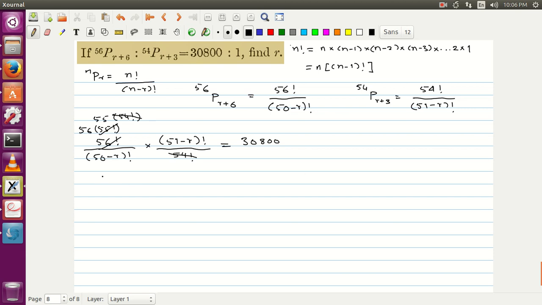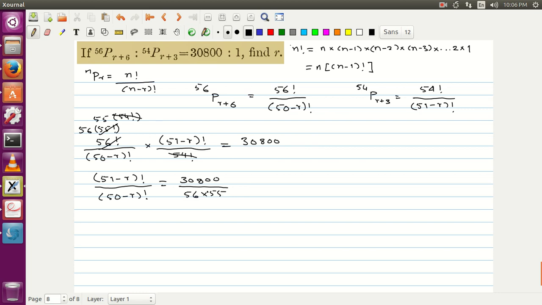So we know that (51 minus r) factorial, which is this term over here, divided by (50 minus r) factorial, which is this term over here, is equal to 30,800. Now we are bringing these terms from the numerator to the denominator on the other side. So this is divided by 56 times 55.